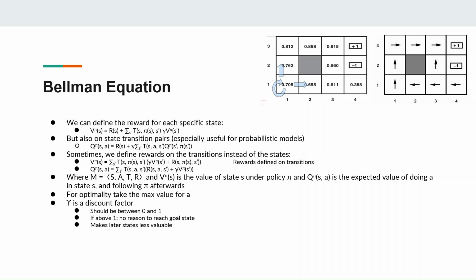So if we write that out, what the first formula says, and I'm starting at the bottom left here, this is just its own reward, right? This is already defined. And then we do a sum over S prime.